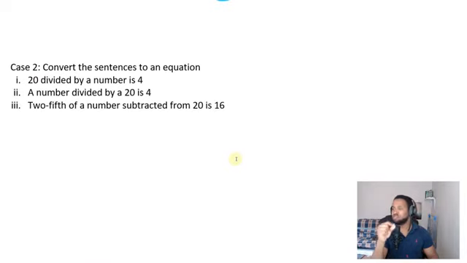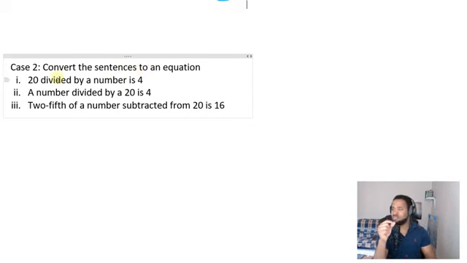And next one here is for case 2, which you're going to deal with from question 4 all the way to question 8. And from question 4 to question 8, you're going to be given a question that looks like this, and you'll be asked to convert the sentences to an equation.